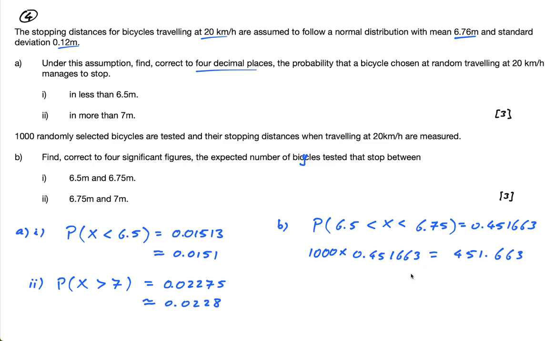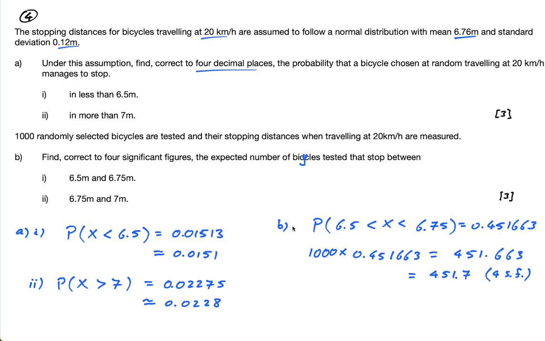So I'm going to say equals 451.7, and I'll just write 4 significant figures in brackets there. So that's the expected value. No, you don't have to round it to 452 or anything like that because it's number of bicycles. That's the expected value, and that's fine.